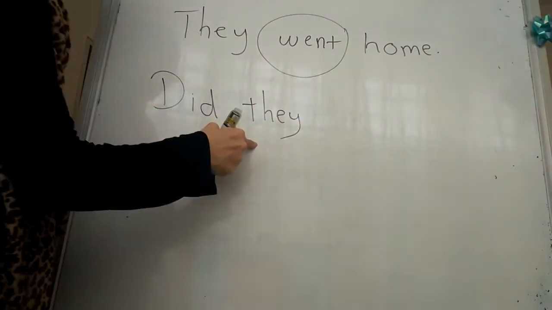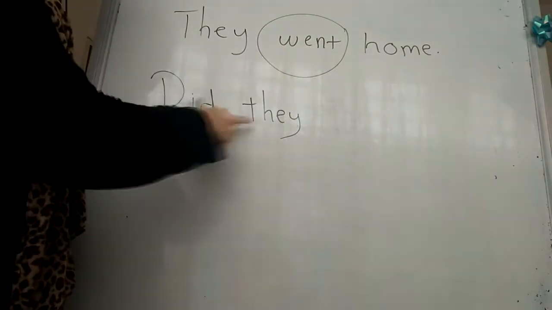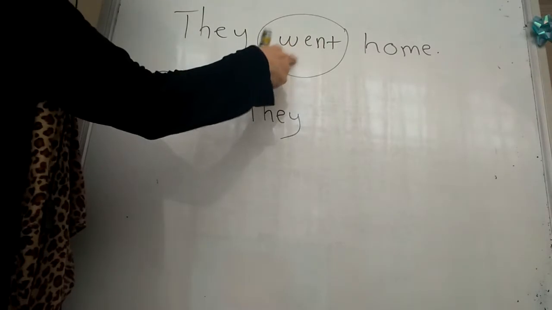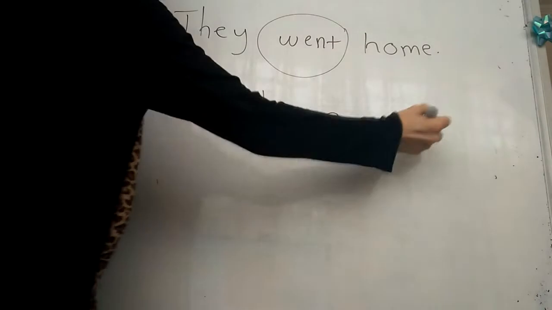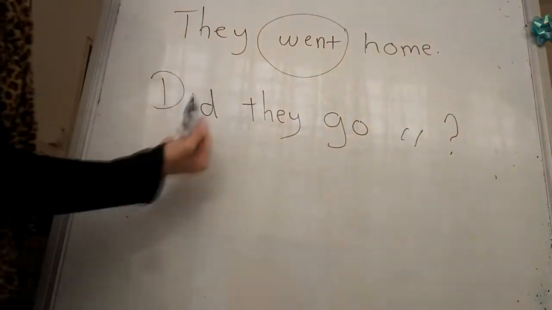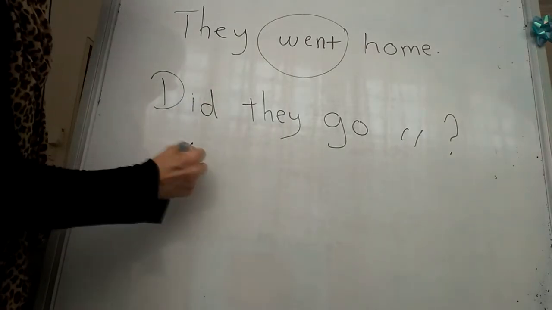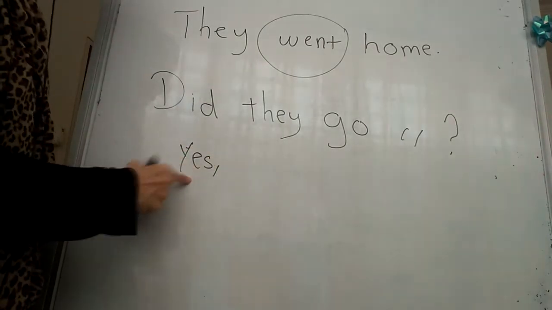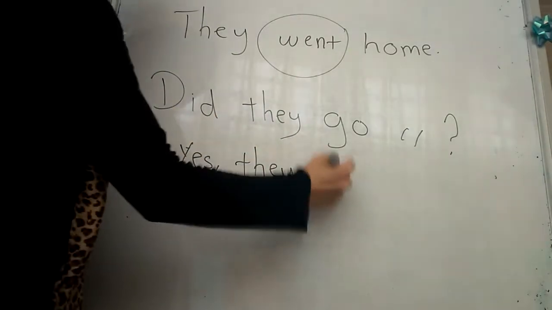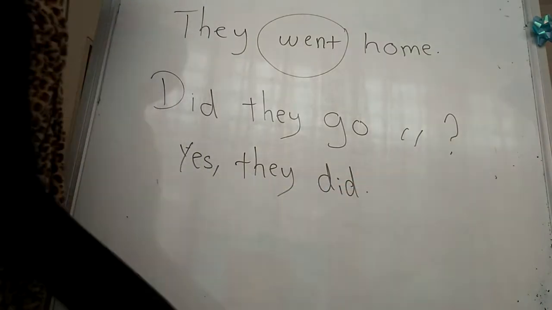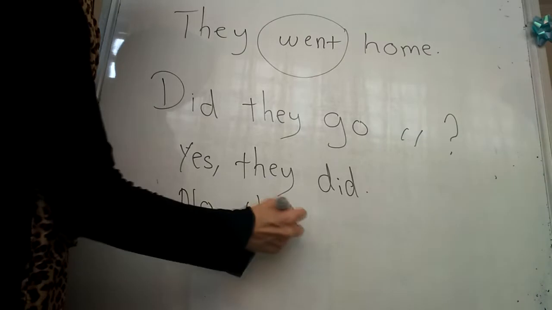Right, they. Look at the verb again. Did they. So what is the base form of went? Go. And then home. So, did they go home? If the answer is yes, then we write yes, they did. If the answer is no, no, they did not.